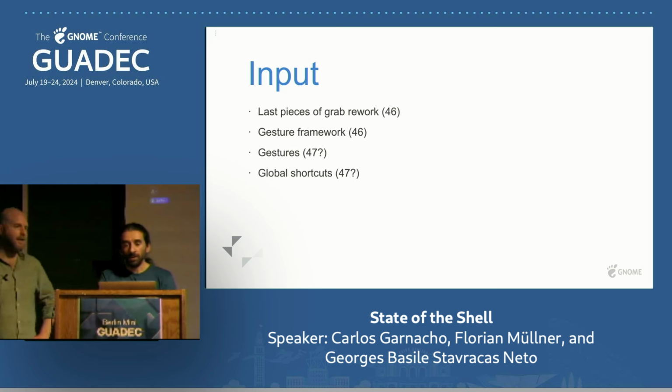During the last year, we managed to get the last pieces of the graph rework. This is something that has been happening during the last 3 or 4 years. It was a reunification of the mechanisms that allow redirecting input within the shell. And it used to be quite a disaster, like 5 or 6 different pieces of grabbing mechanisms, different ways to redirect events somewhere else.